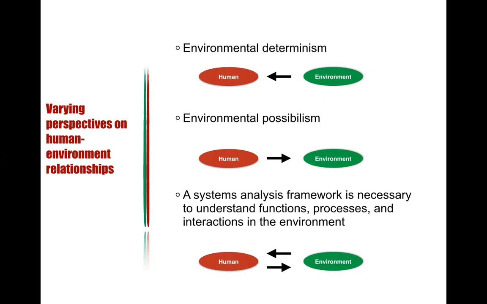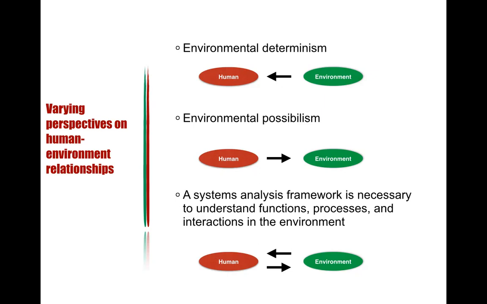So pinapakita lang dito na kayang baguhin ng mga tao, may agency yung tao na baguhin yung environment. So again, the flow here is unidirectional. Okay, so it's as if saying na walang kakayahan yung environment na apektuhan yung tao, but it's the human beings who are affecting or influencing or changing the environmental landscape.